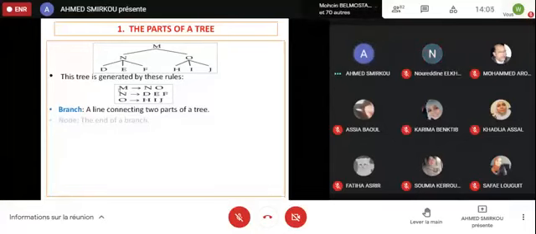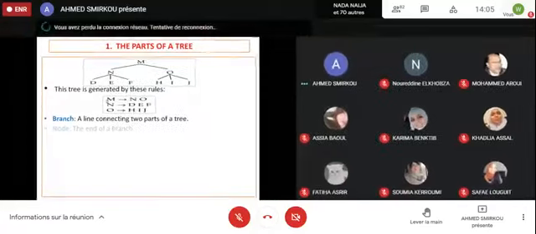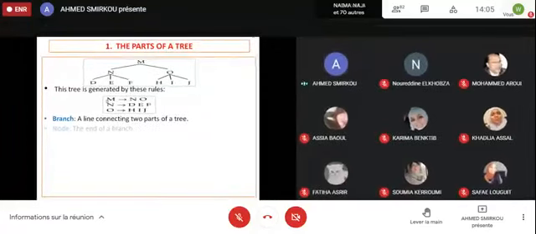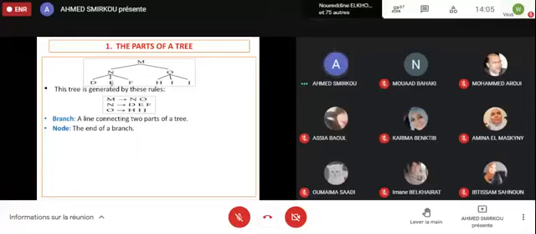Node: the end of a branch. This is a node, the end of the branch.